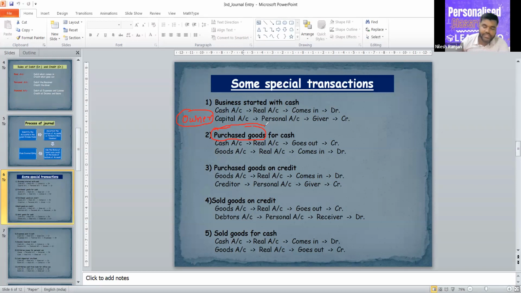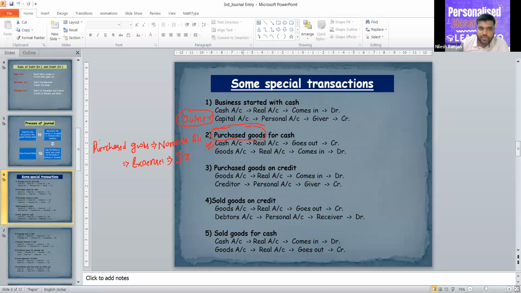So we can write here like this. The cash entry will be the same, but the goods account will change. So we will write purchased goods. It is a nominal account, and by the nominal account rule, this is an expense. Purchased goods is an expense, so it should be debited.